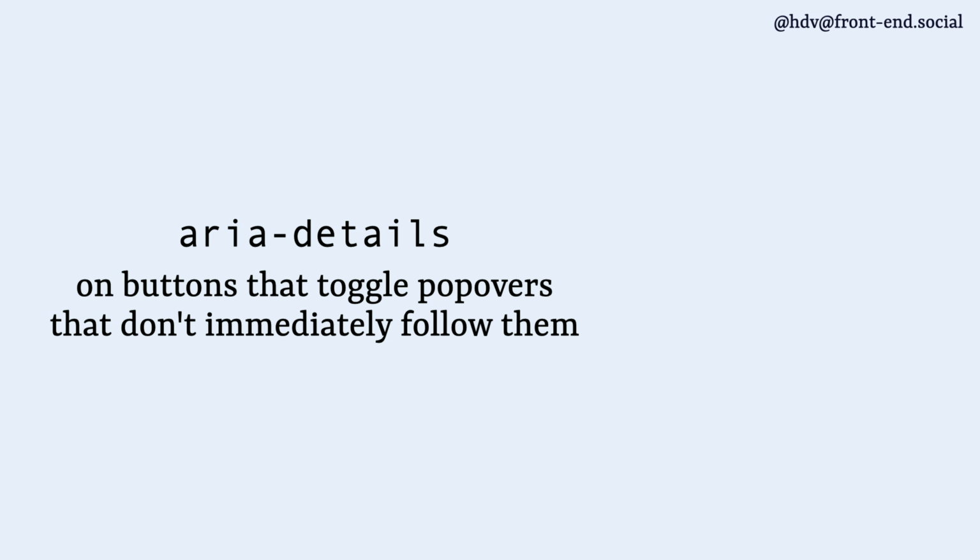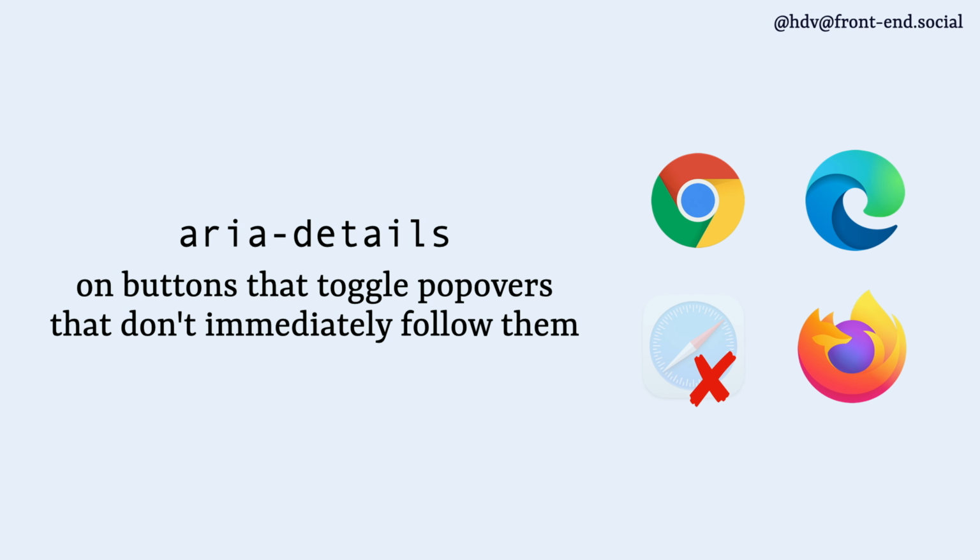Another bit of ARIA that is added by browsers is aria-details. It's only added based on some heuristics, and usually for popovers that don't immediately follow their button, so if they're somewhere else on the page. Now this is done by all the major browsers except for Safari. And for the Safari bits, I've reached out to the Safari folks, trying to get information about what I could potentially say publicly.